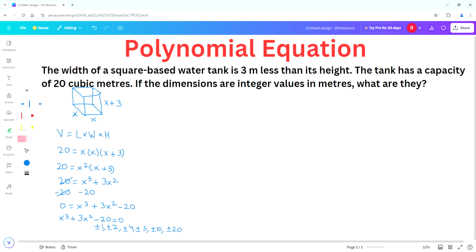Next, we should sub in these values one by one in this polynomial to check which of these x values make the value of the polynomial equal to 0. Let's assume this polynomial can be represented by a function f at x. We can start by using the first x value, 1.